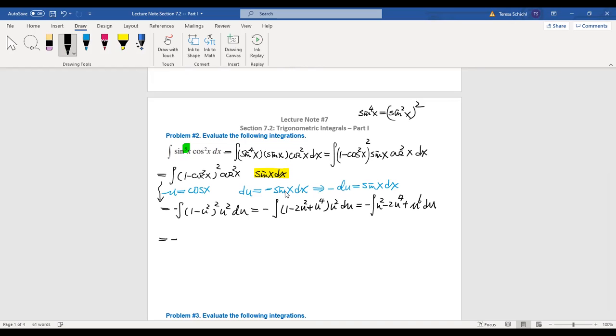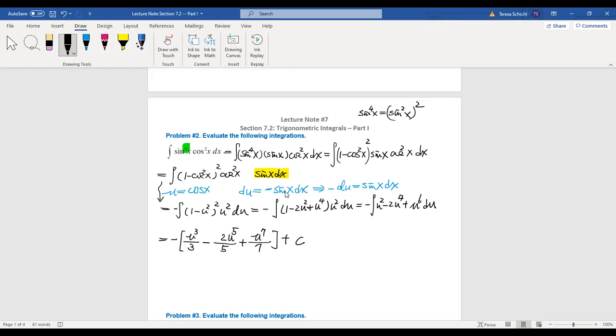So it will be minus, be careful about the parentheses. This is u cubed over 3, minus this is the fourth, so the power is 5, so this is 2 over 5, u to the 5th, then plus u to the 7th over 7. Then plus C here.